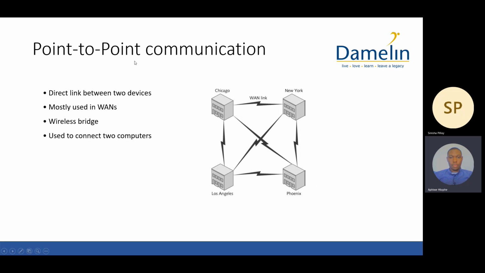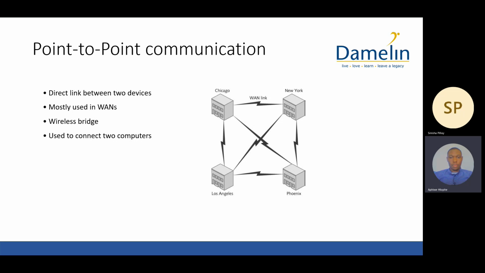And then we have point-to-point communication. And this happens through what we call wide area network links. I think in the last class we discussed what wide area networks are. They branch out between multiple countries or cities or whatever. So under what circumstances would you find point-to-point communication?